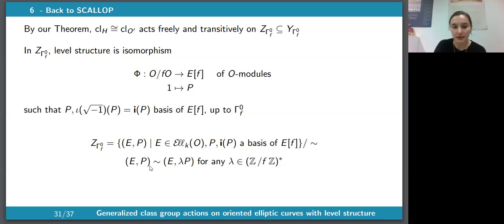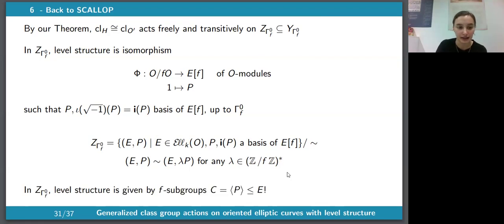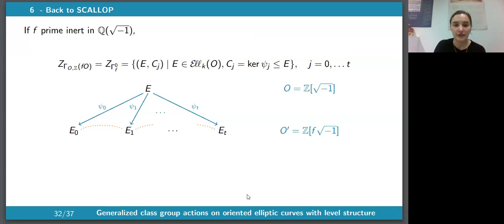And we say that P is equivalent to lambda P for any lambda integer co-prime to F. But then this means that in Z gamma, the level structure is really given by some F subgroups of E. And in the case of SCALLOP, then this really means the elliptic curve E together with kernels of descending isogenies to the first level of the volcano.